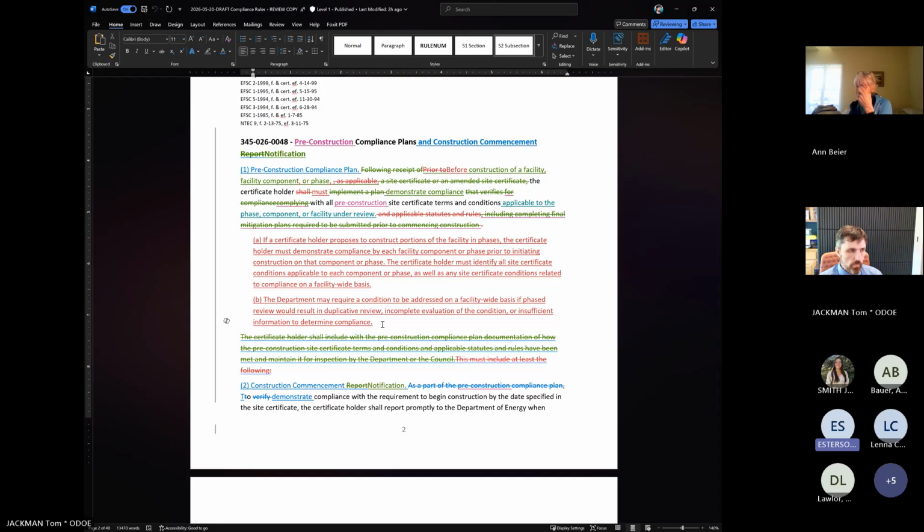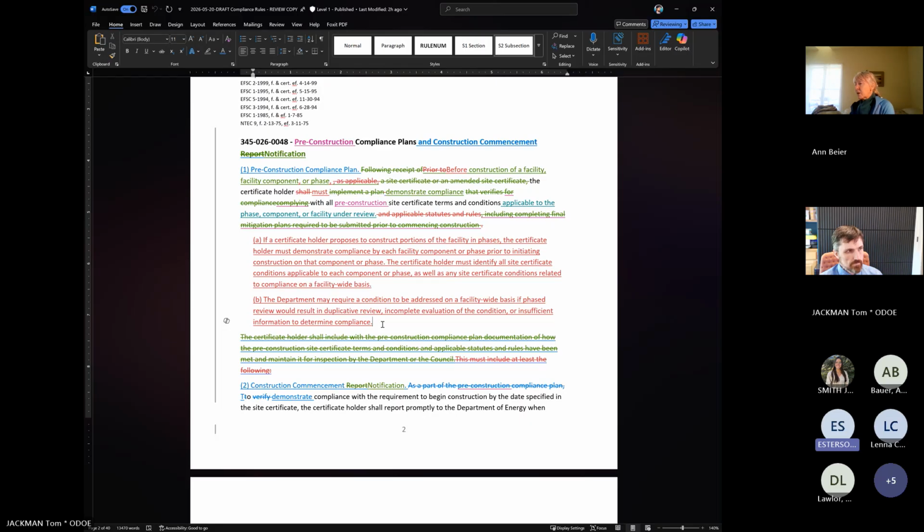But if the consultant and certificate holder are coming in and saying, we want this noxious weed plan to be finalized specific to the substation site, well, if we can see that the landscape of the rest of the footprint is the same, we would say, let's finalize this noxious weed plan for the entirety of the site. That's just an example.